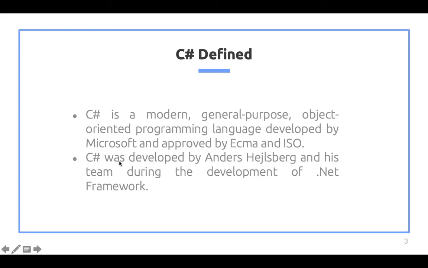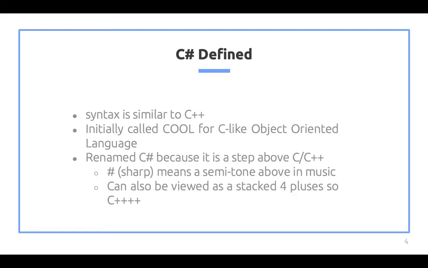C Sharp was developed by Anders Hejlsberg and his team during the development of the .NET framework. Anders Hejlsberg is considered the father or the developer of the C Sharp language since he was the one who introduced C Sharp as a high level programming language.